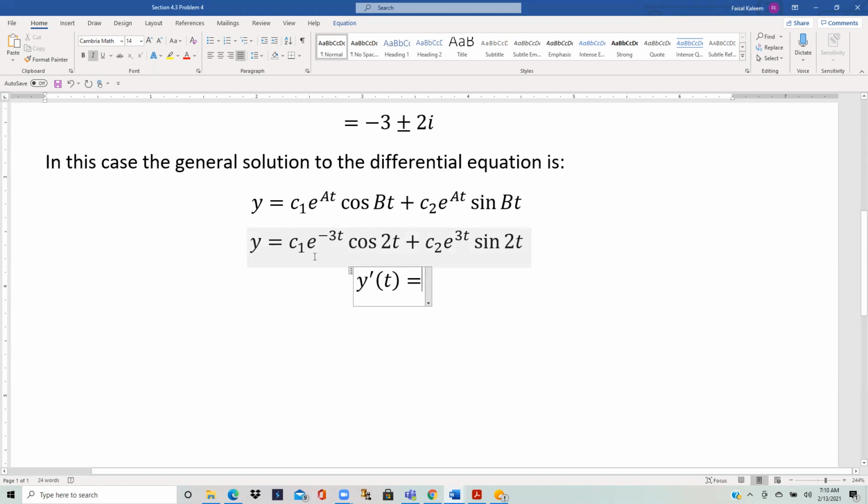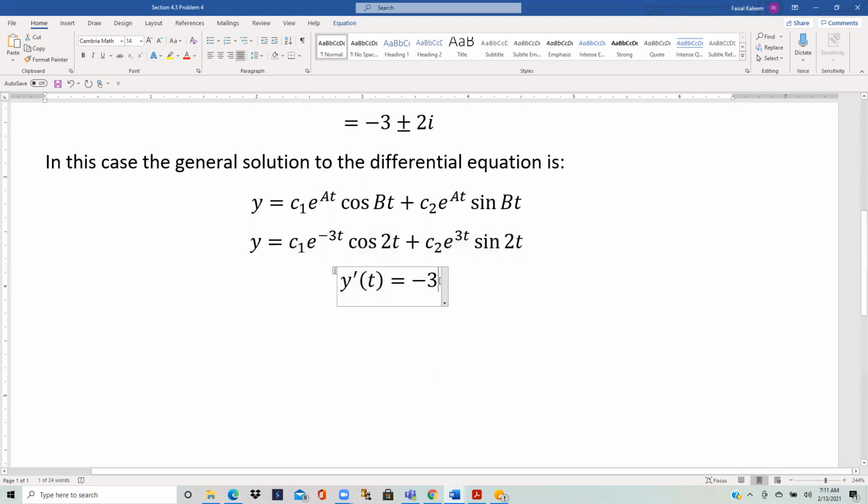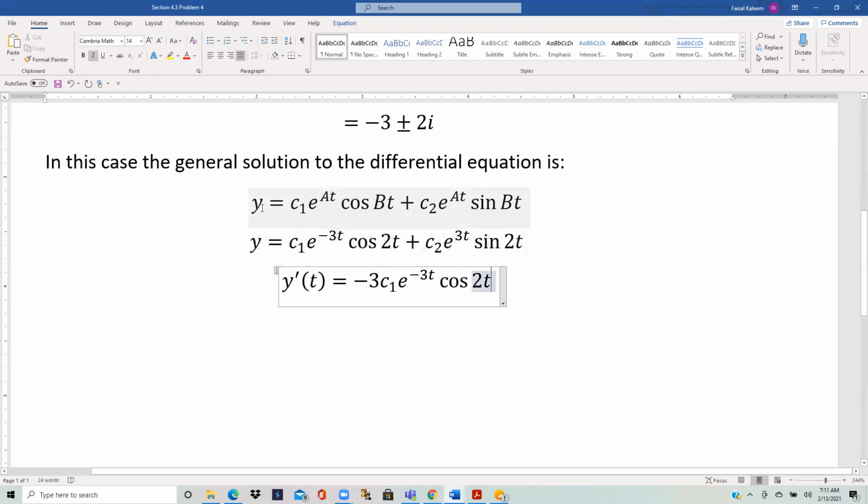So the derivative of the first function would be -3c1. So -3c1 e to the -3t, and then you keep the cosine 2t as it is. Okay, so that's the first part of the product rule, the derivative of the first function times the second.